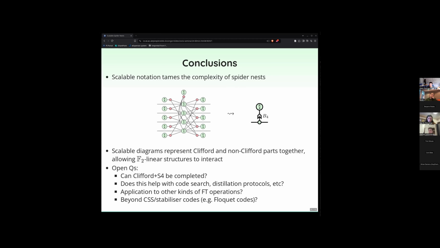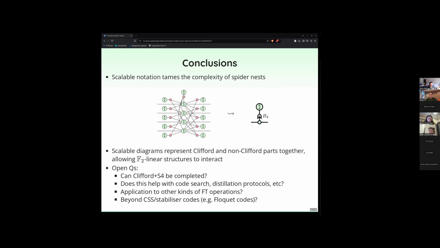Because in particular with T gates, you can do arbitrary approximation with Clifford plus T. But arbitrary approximation maybe sounds better in theory than in practice if it leads to a very long circuit. And so maybe that is also an issue.